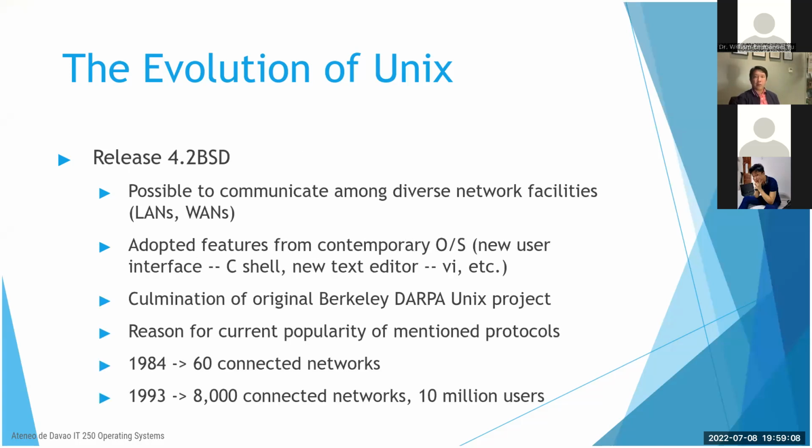Then you will notice there were newer versions of BSD Unix, now 4.2, introducing other functionalities, like local area networking. At this time, in 1984, ARPANET was only 60 nodes. Not even 10 years later, it had reached 8,000 nodes with 10 million users. Now we could easily say there are like 6 billion internet users. So it's large.